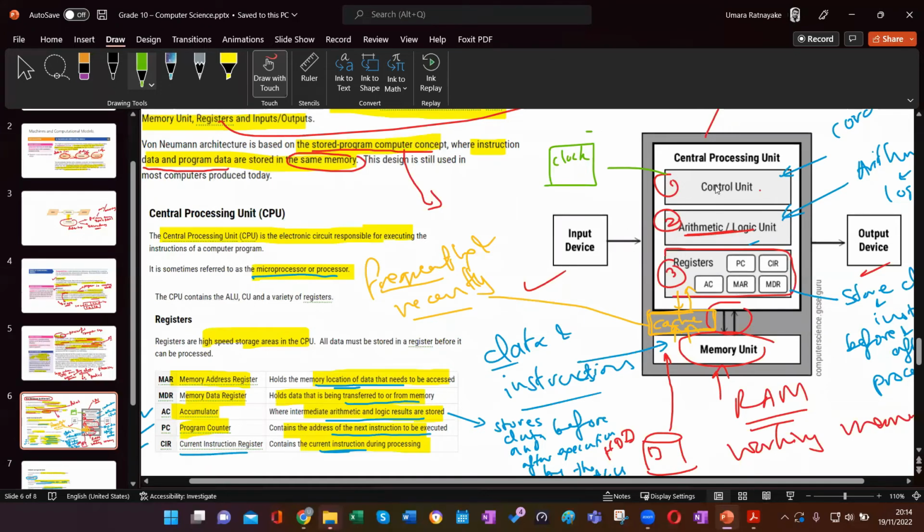Then this can't be the ALU, this has to be the control unit, because there is something which generates pulses for the control unit to do its operations, to send control signals.